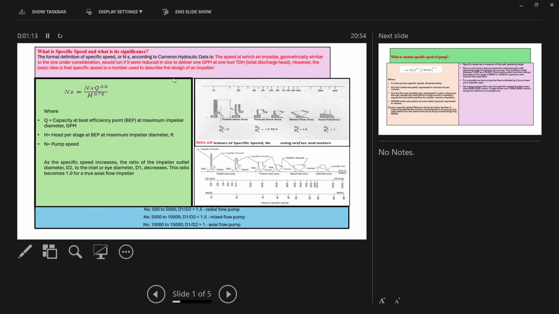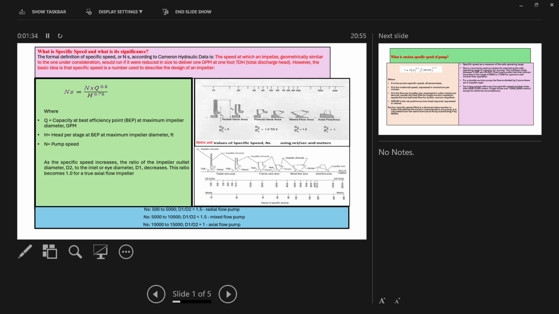However, the basic idea of specific speed is a number used to describe the design of an impeller. The formula we are using here is NS is equal to N into Q to the power 0.5 over H to the power 0.75.